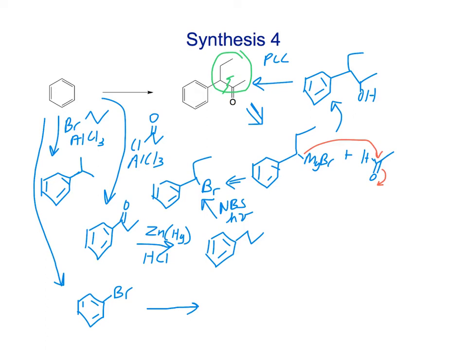I didn't quite do that right. I'd have to add one more carbon. Well, let's just follow this out. From a bromine like this, we can make a Grignard as well.